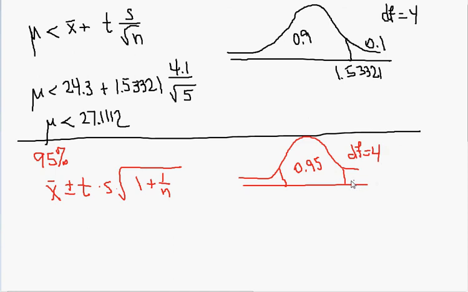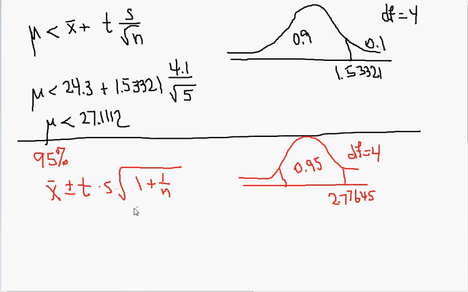And so I have the same critical value, 2.77645. I have the same critical value that I had in problem number 50, and that's because I chose 95% for both problems.